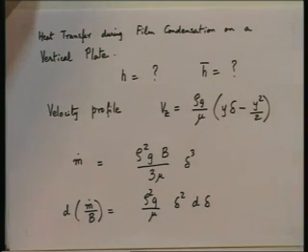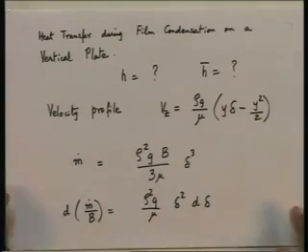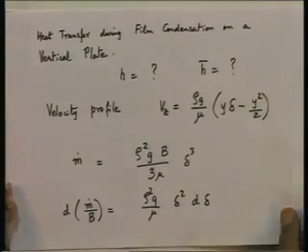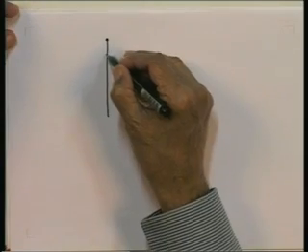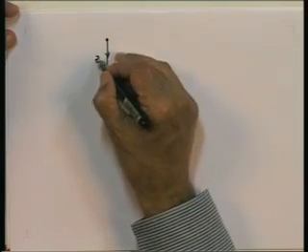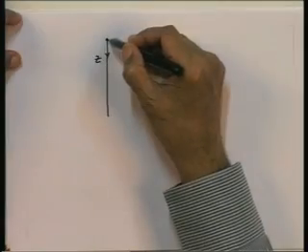What this really implies is that if you are moving down the plate, let me draw the sketch of the plate again. This is the top of the plate, this is the z direction downwards, and this is the liquid film.